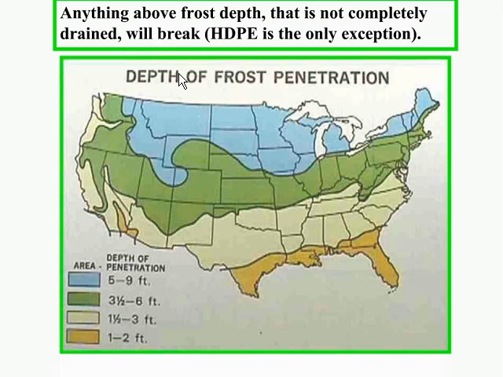When we're talking about pipe, we need to take into consideration freezing. And if we're at a point where we could have frost penetration, we'll need to bury pipe at different depths. Some places we may not have to worry about it as much.